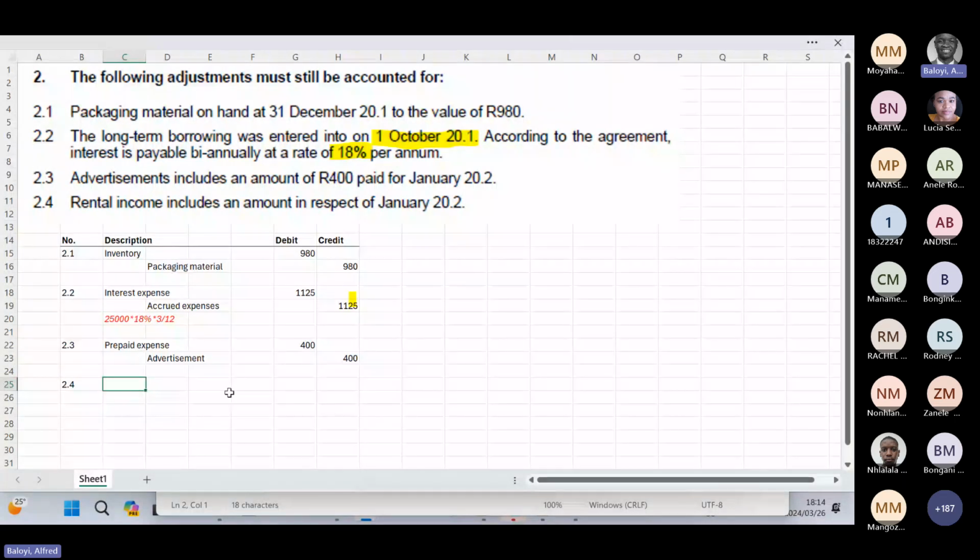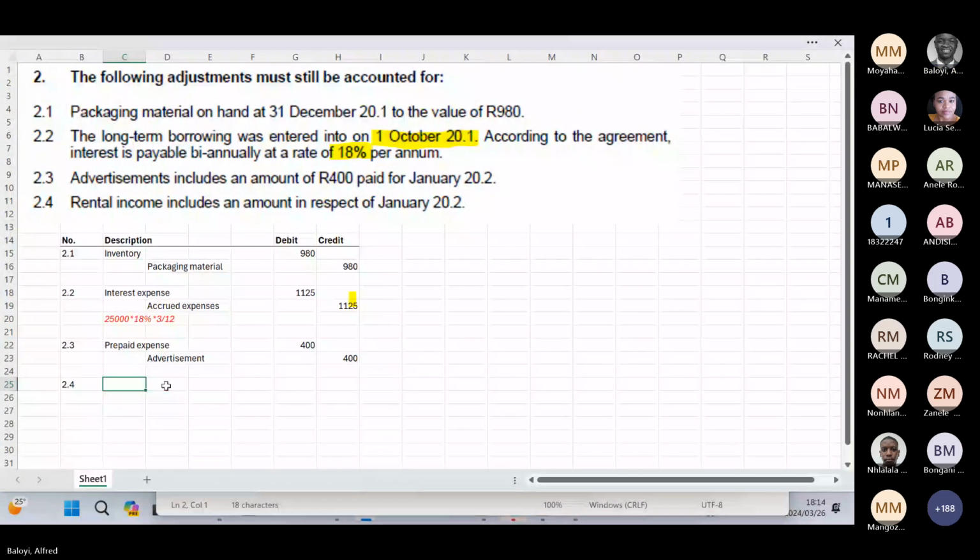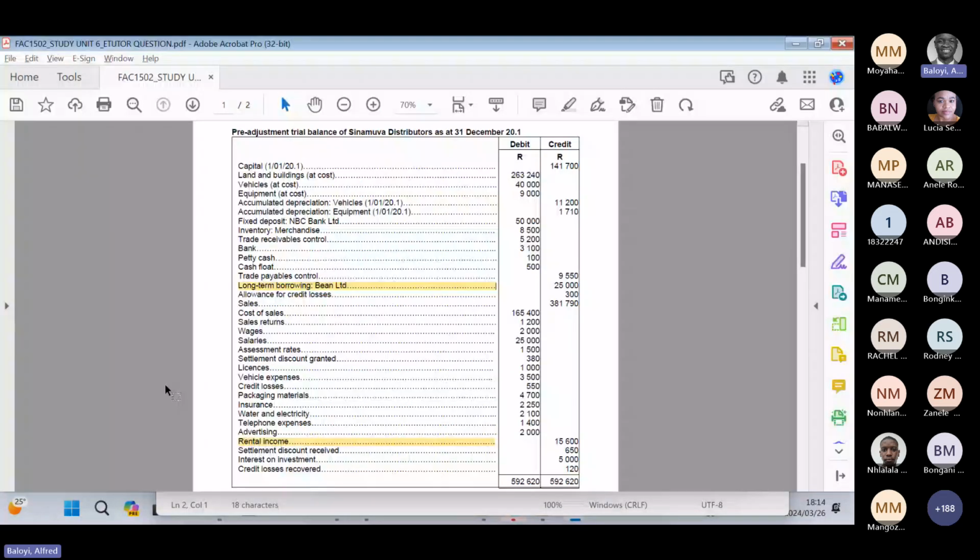What 2.4 is saying is that instead of the rental income being for 12 months, the amount is for 13 months. So we received income for an additional month. Remember, our financial statements are only for 12 months.